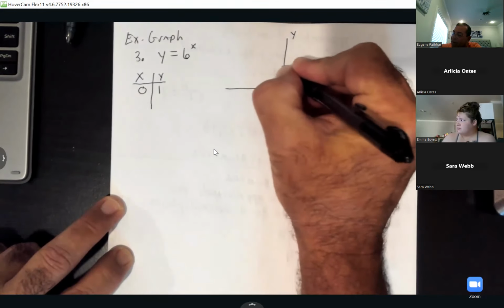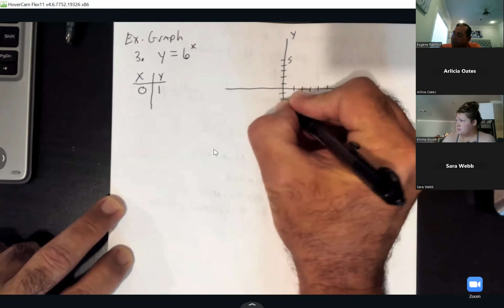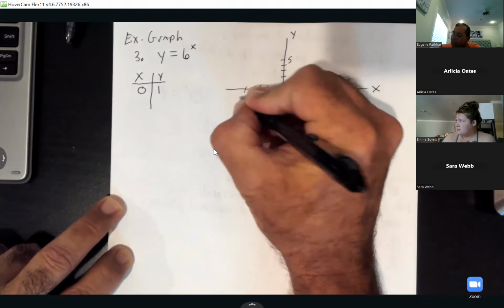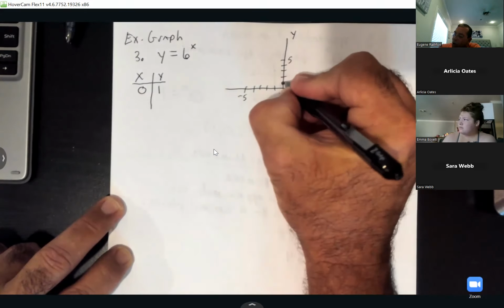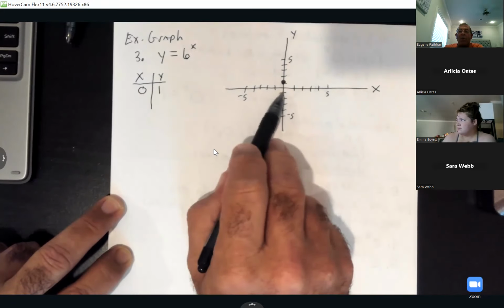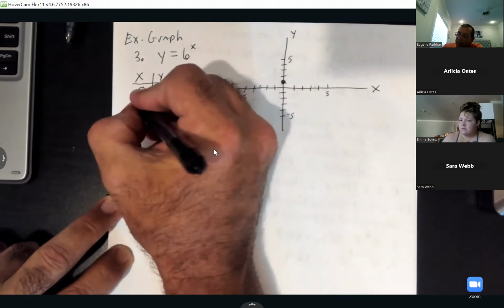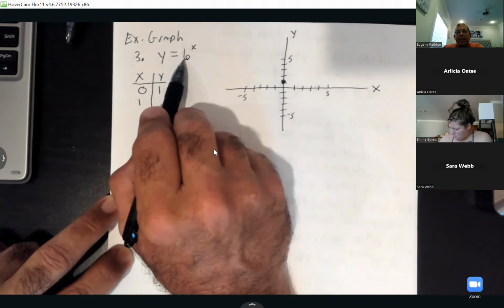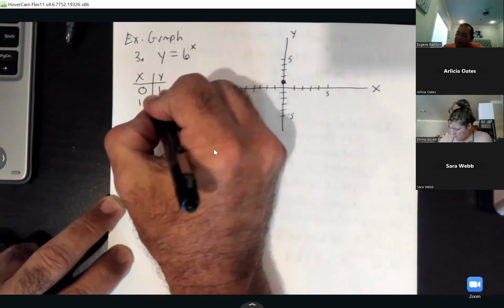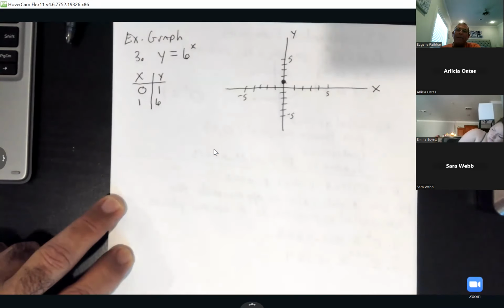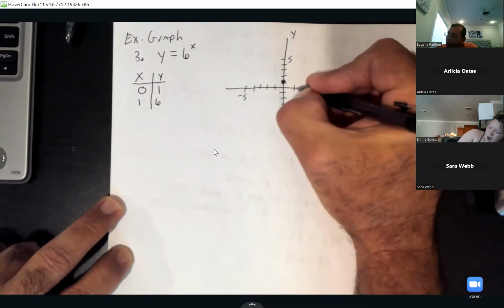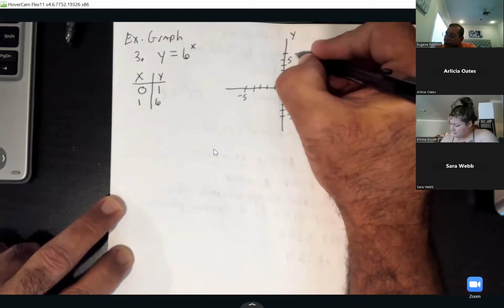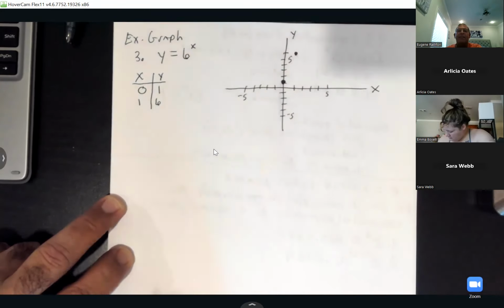So I'm at 0, 1, crossing that y-axis. So let me put a 1 in there. If I put a 1 in for the exponent, 6 to the first power is 6. So anything to the first power is itself. So when x is 1, my y value is 6.